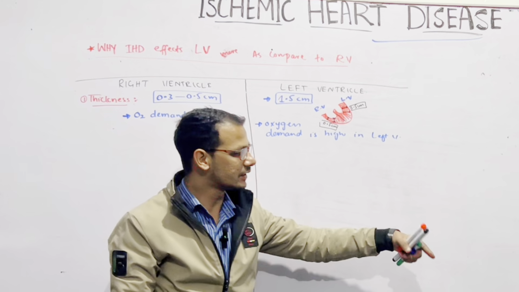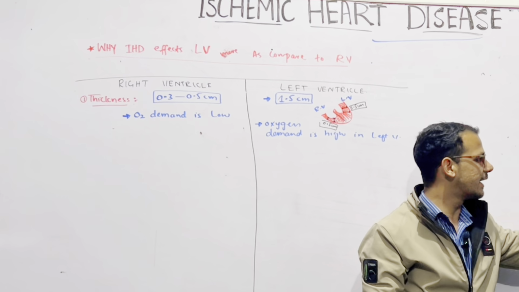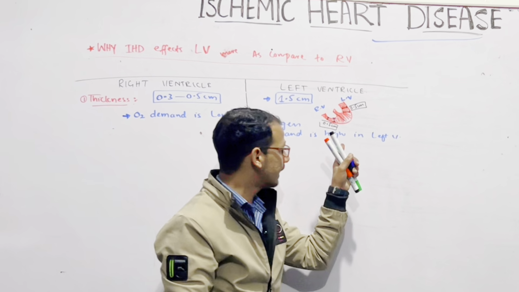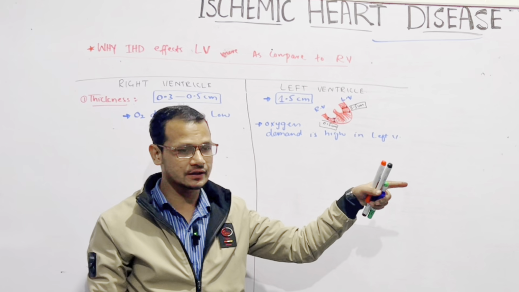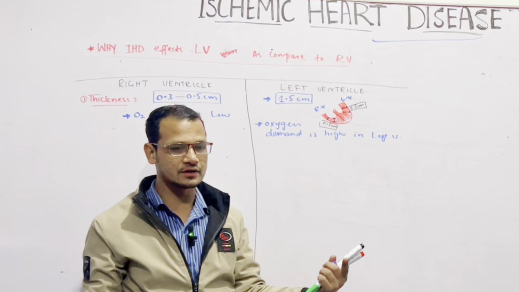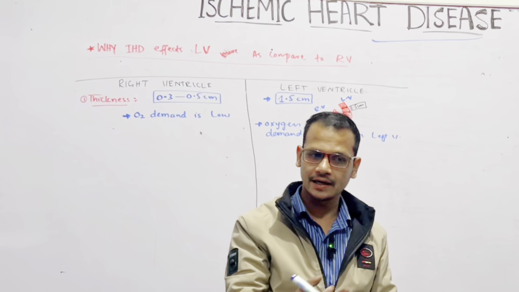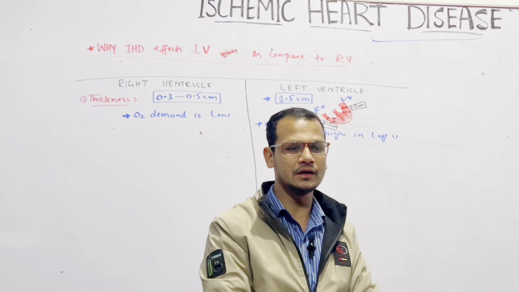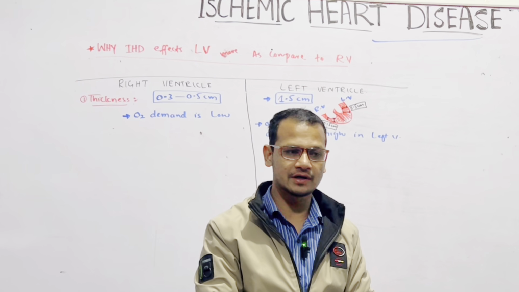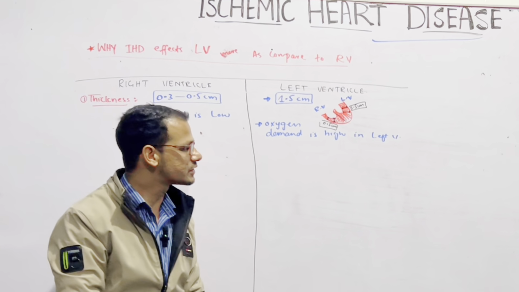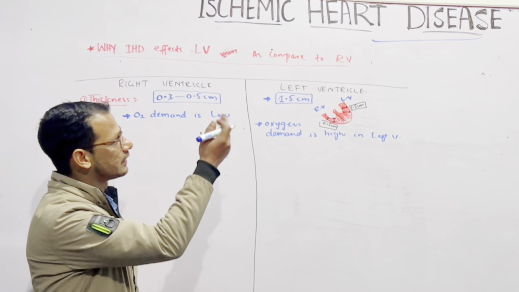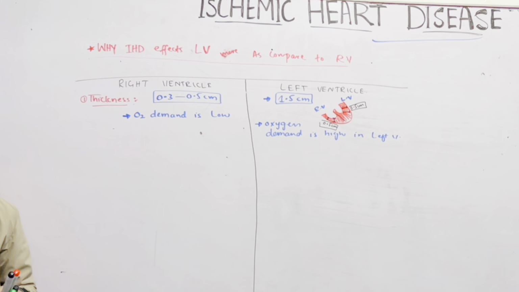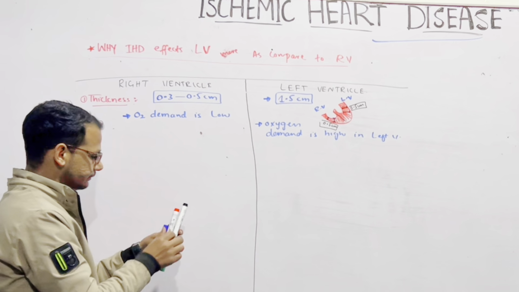And as we discussed already, this is the imbalance between oxygen demand and oxygen supply. So if the left ventricle requires more oxygen, and there is some pathological condition due to which the heart is not able to supply that much oxygen to the left ventricle, it will cause ischemia, it will cause ischemic heart disease. So this is the second point which causes ischemic heart disease in the left ventricle more than on the right side.